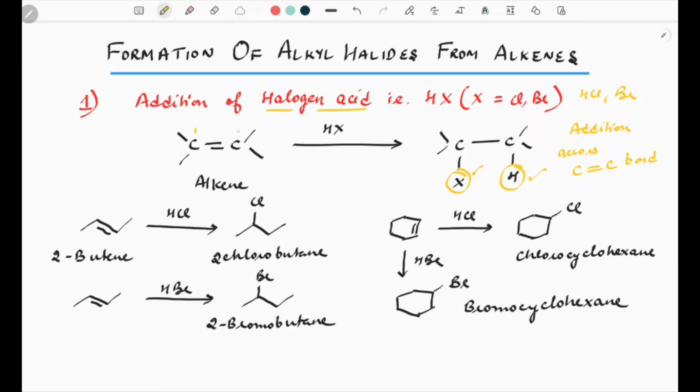That means these are our reaction sites. So for example, 2-butene, when treated with HCl, is converted into 2-chlorobutane.